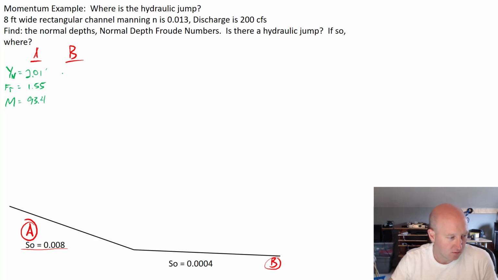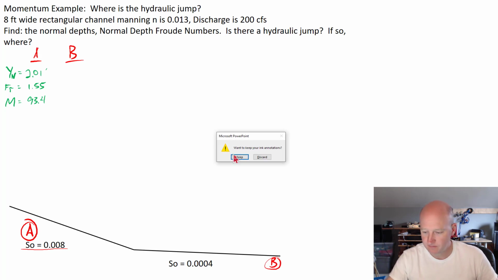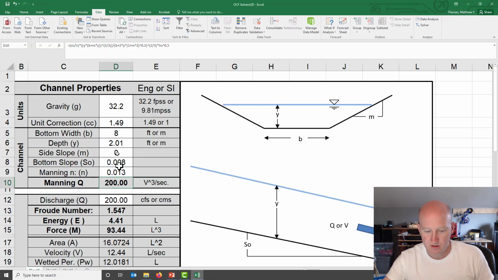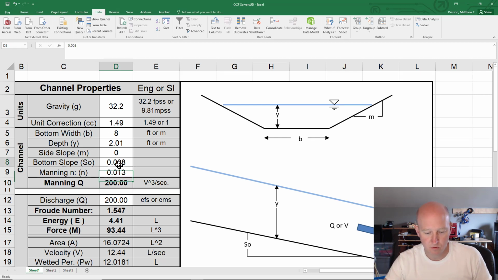Let's find out what's going on in the downstream section next. We'll have all the same information, but we're going to change the bottom slope. At this depth, with this bottom slope, we're not getting nearly the flow rate that we need, so this depth is going to be deeper. That means the velocity is going to go down. Let's see what that is going to be.